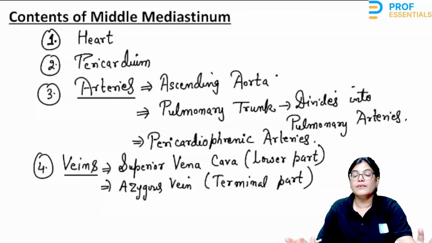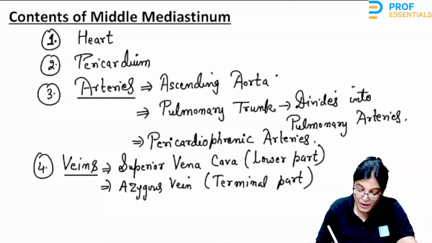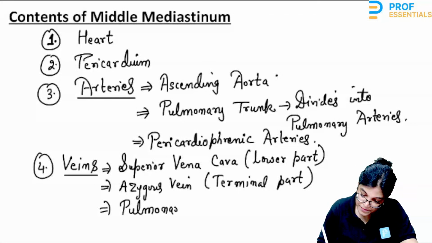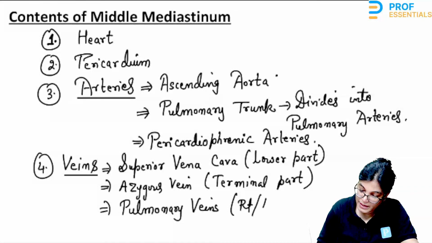So basically we will have right and left two pulmonary veins each, so together we will have four pulmonary veins, right and left side both.